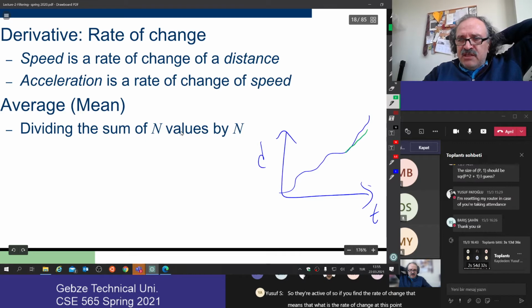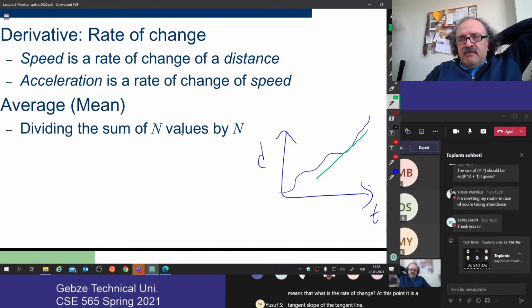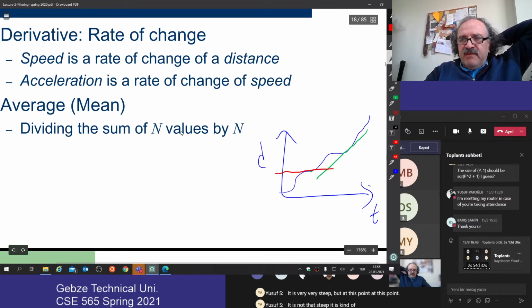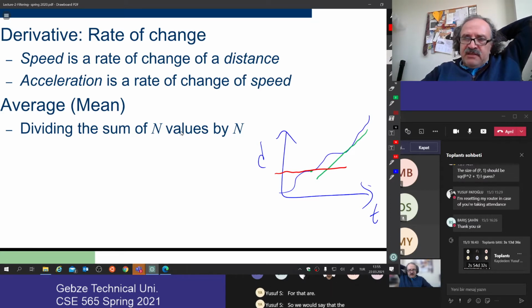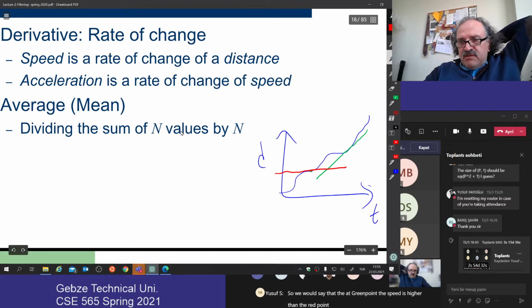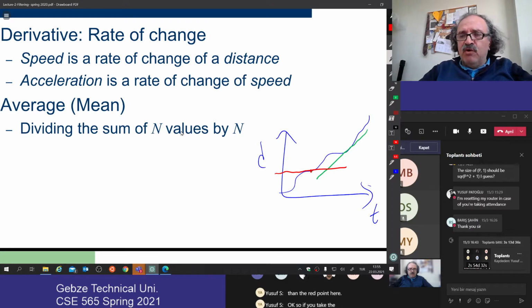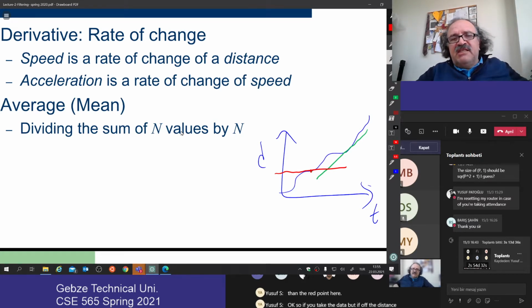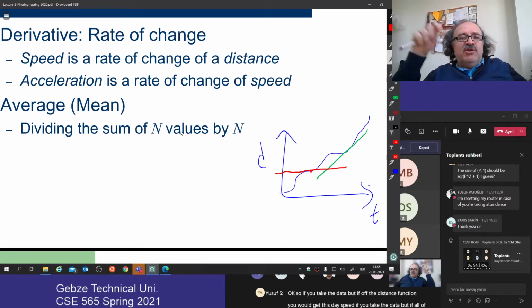It is the slope of the tangent line. It is very, very steep, but at this point it is not that steep. It is kind of flatter. So we would say that at the green point the speed is higher than at the red point here. If you take the derivative of the distance function, you would get the speed. If you take the derivative of the speed function, you would get the acceleration.